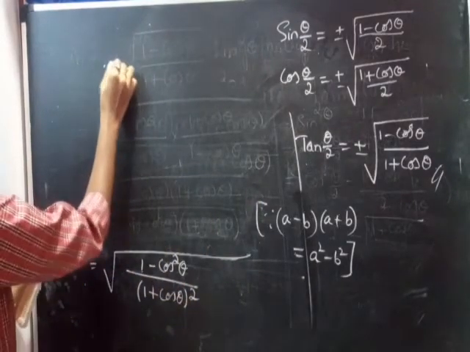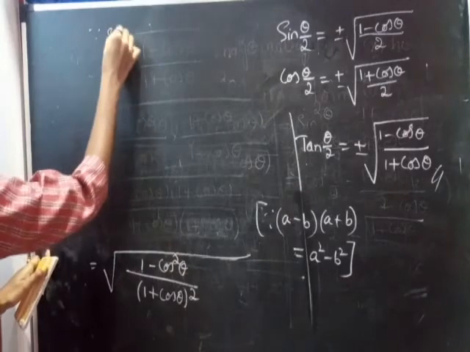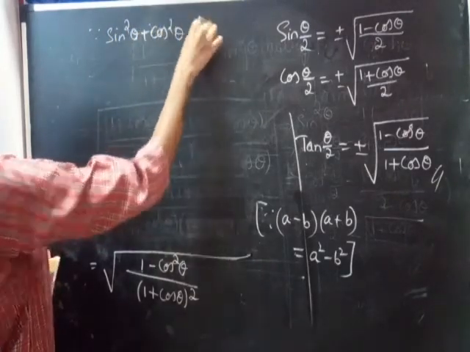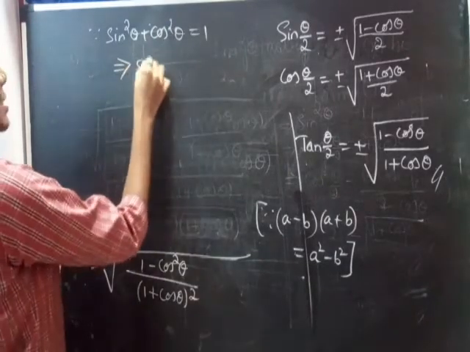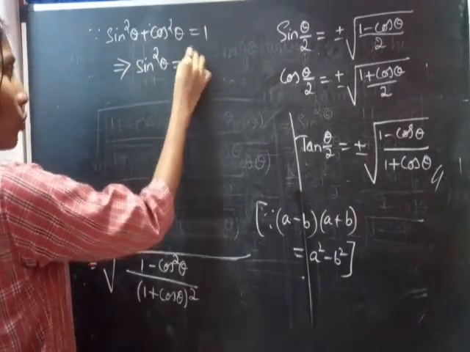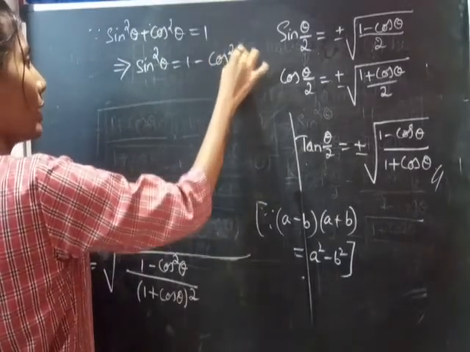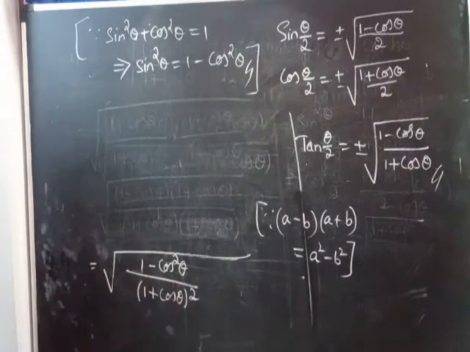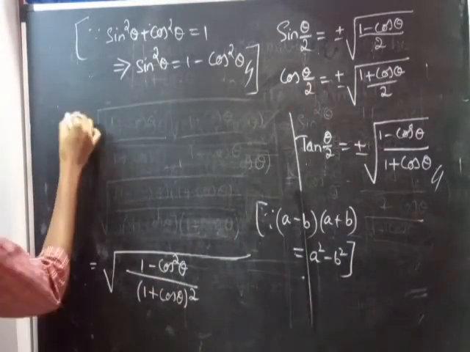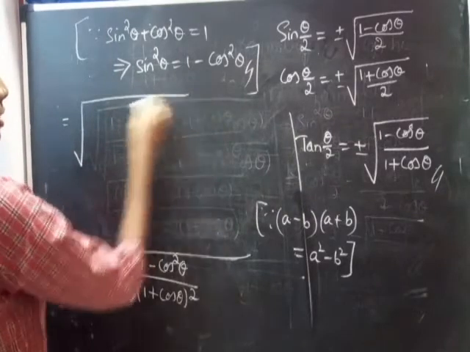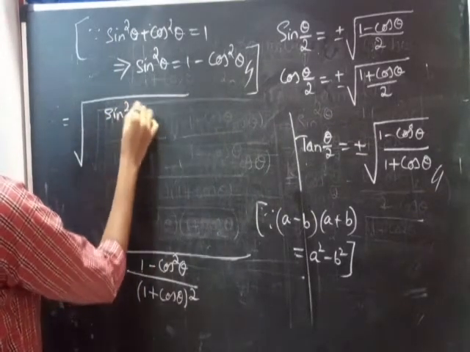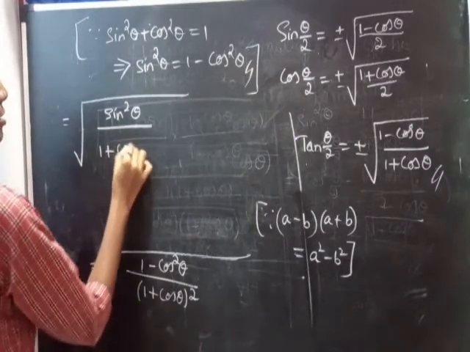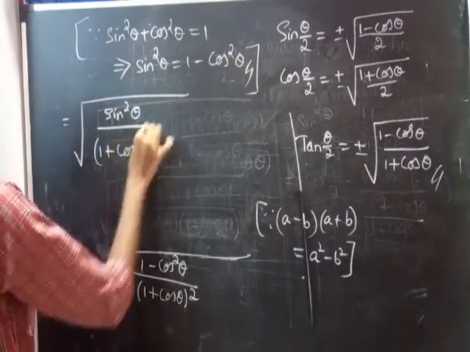Since sin square theta plus cos square theta is equal to 1, then sin square theta is equal to 1 minus cos square theta. So you can replace 1 minus cos square theta with sin square theta. So this equals root over sin square theta by (1 plus cos theta) whole square.